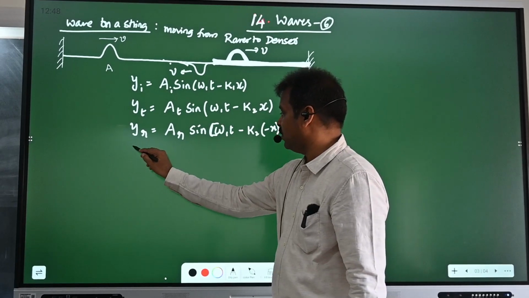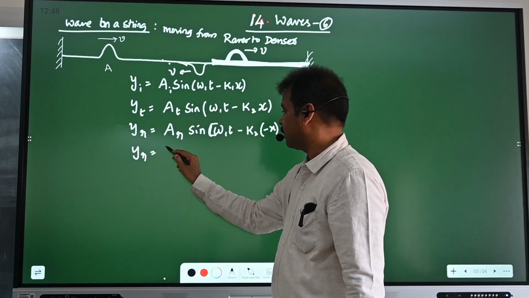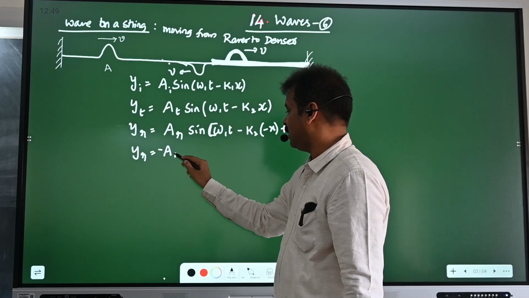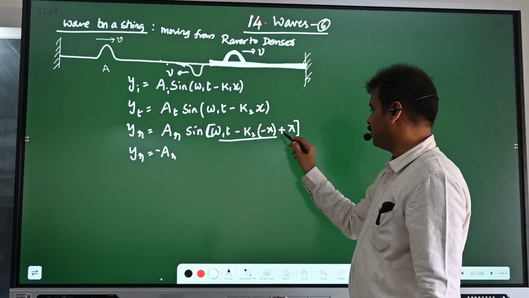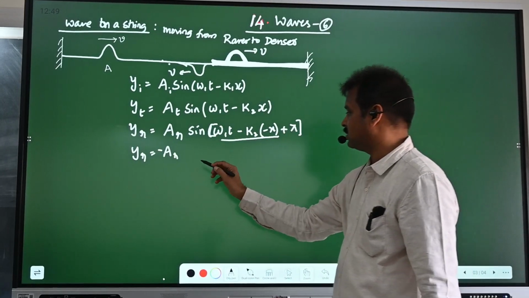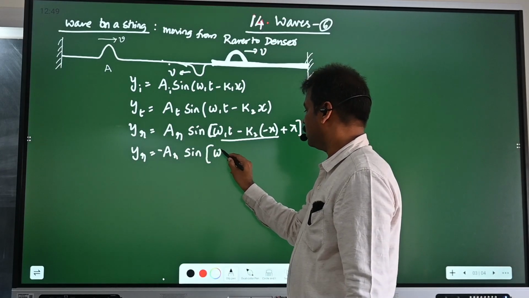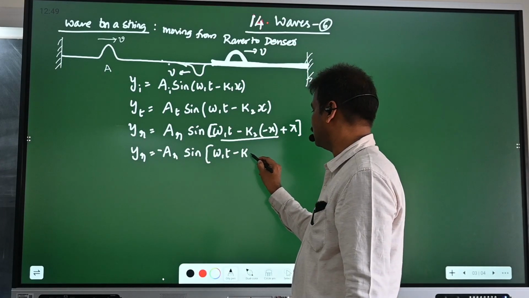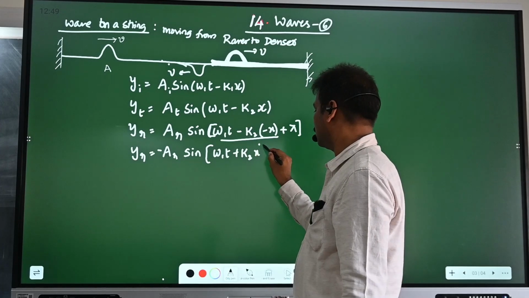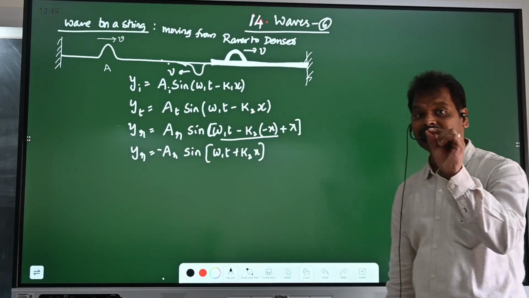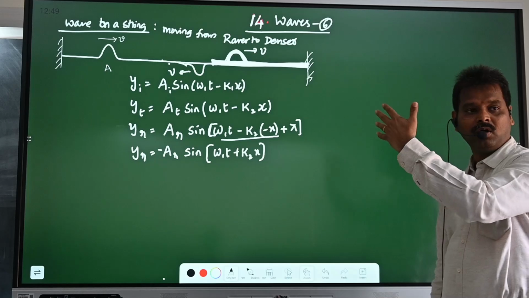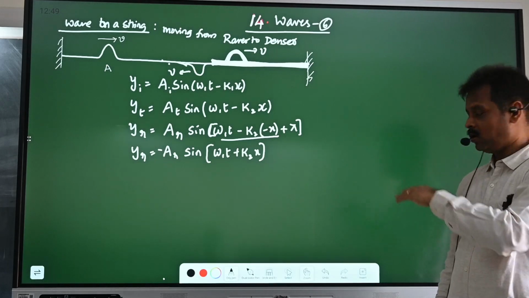So how will this formula change? Y r is minus A r sin(omega 1 t plus k2 x). So what are the changes we will see from the incident to the reflected, and the incident to the transmitted?